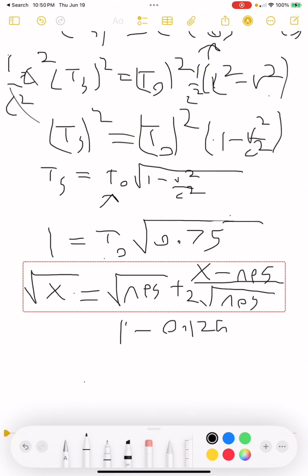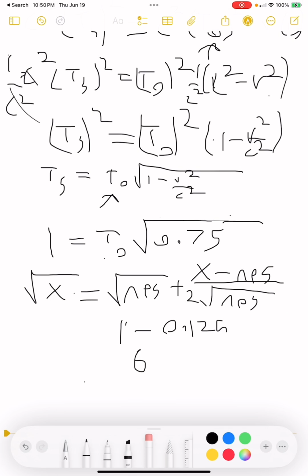So if we multiply that by 60, let's do that calculation right now. Alright, let's do it this way.